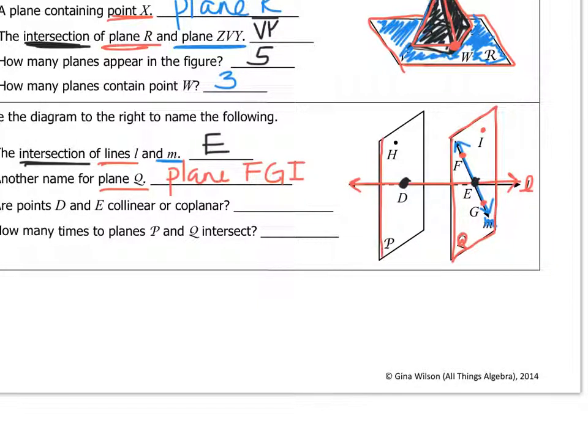We have plane P and we have plane Q. And points D and E, you can see they're on different planes. So they're not coplanar, they are collinear because they both are on line L. So we would say they are collinear.